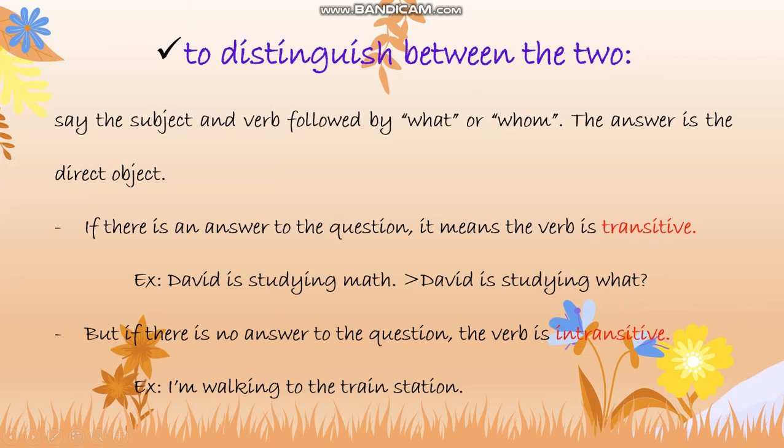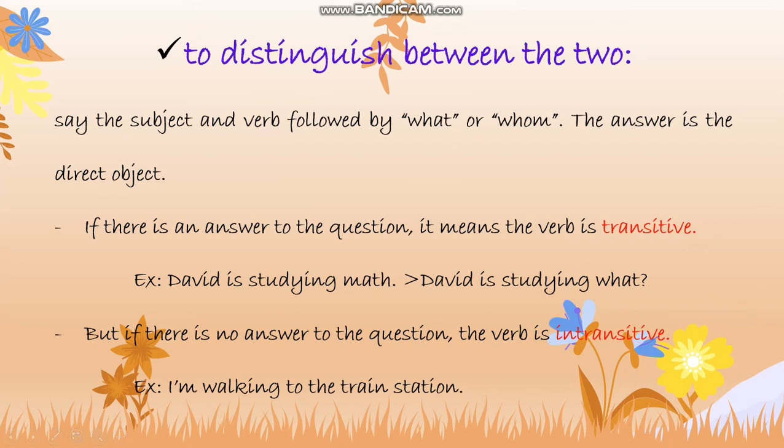Now let's distinguish between the two types of action verbs. In order to distinguish between the two, you can say the subject and verb followed by what or whom, and the answer is the direct object. Let's take a look at two more points. If there's an answer to the question, it means the verb is transitive because there is an object to the verb in that sentence.